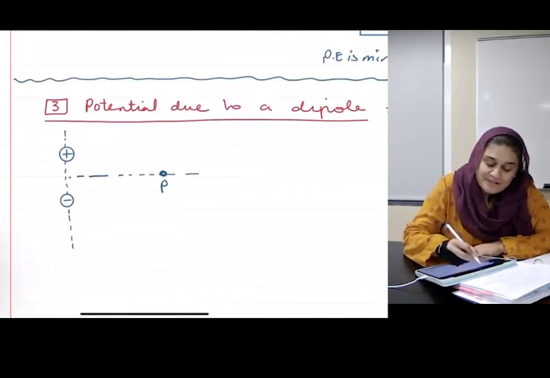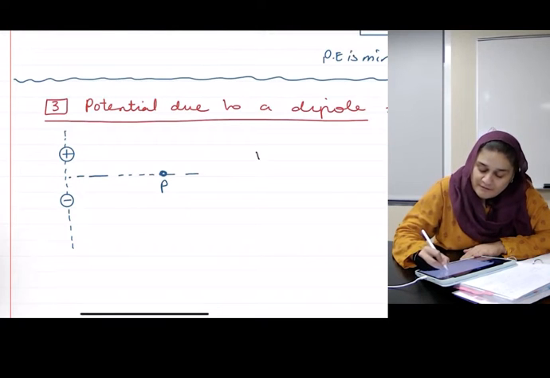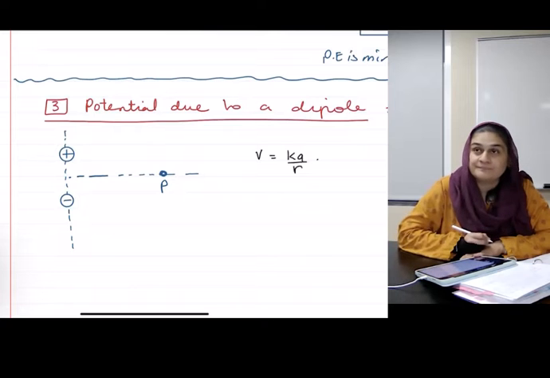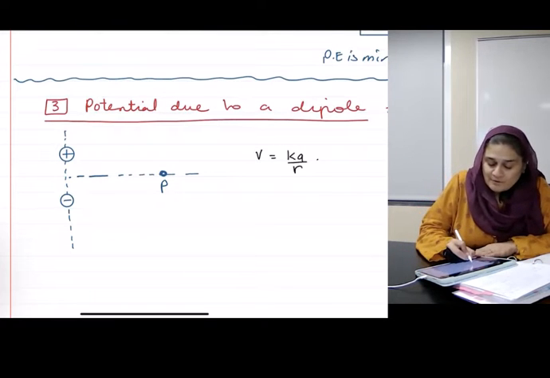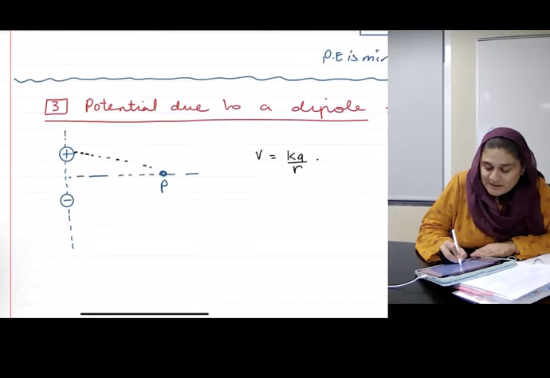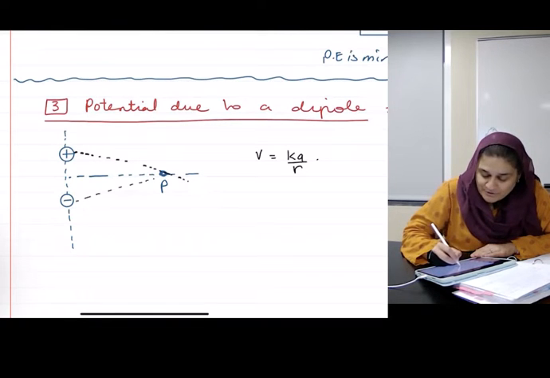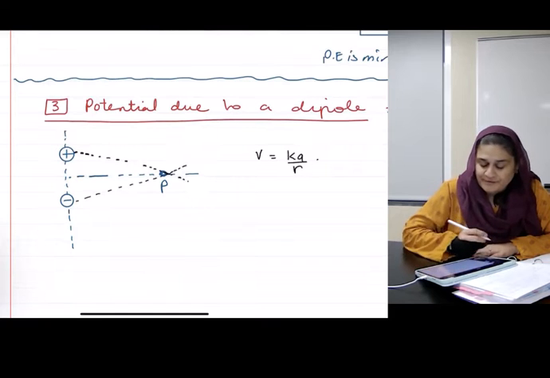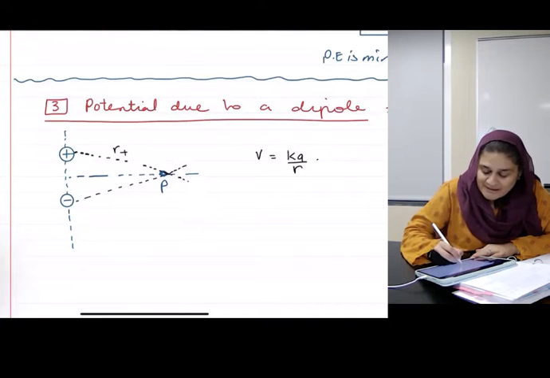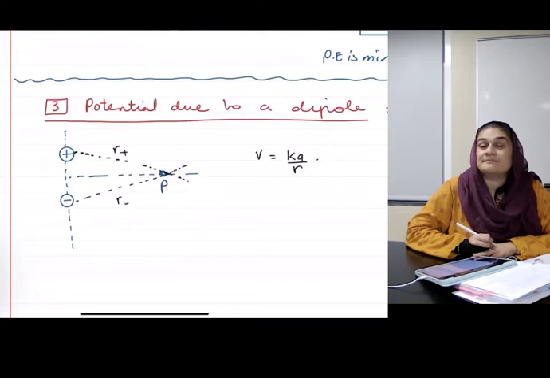Okay, the definition of potential was KQ over R. So on this point, there will be a potential due to this, and there will be a potential due to that. Let's call this R plus, let's call this R minus.